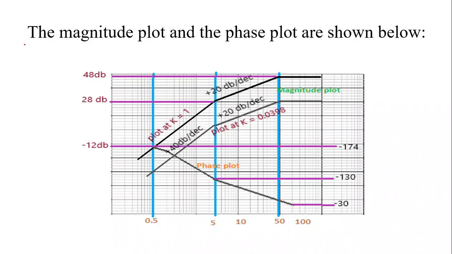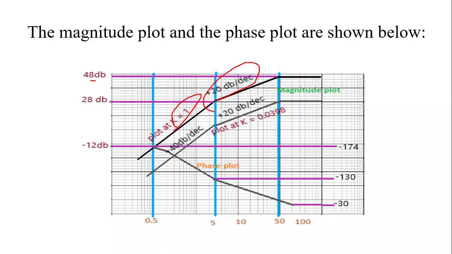On the y-axis we start from -12 dB, which we already found in our third step, and then the next one is 28 dB, and then 48 dB. At K equal to 1, that is gain equal to 1, we have a slope of plus 20 dB per decade.